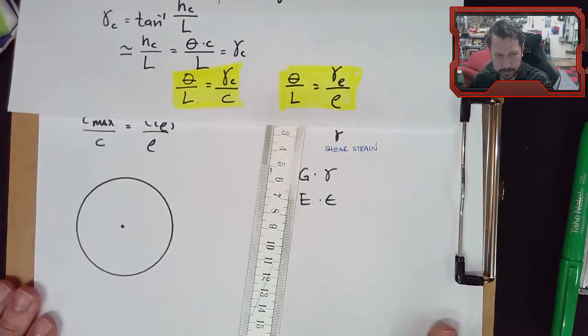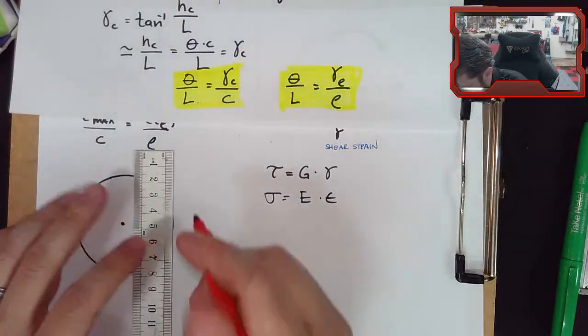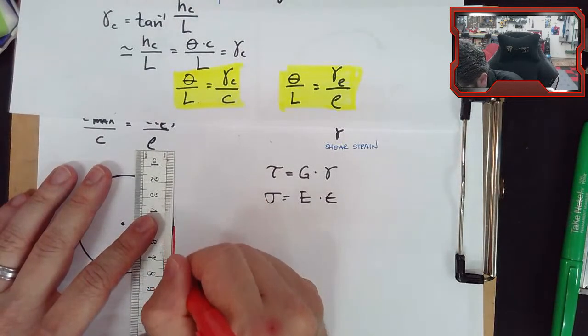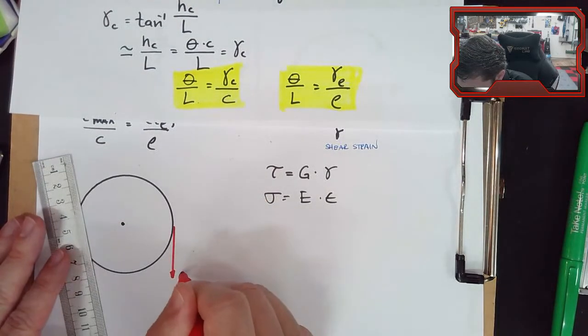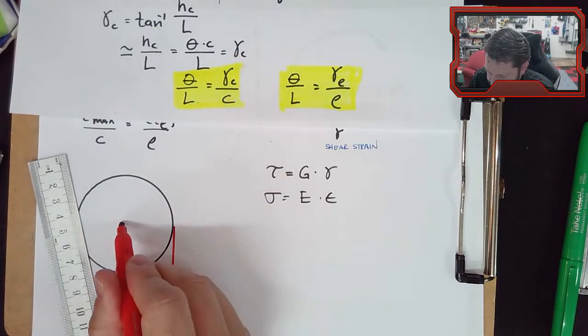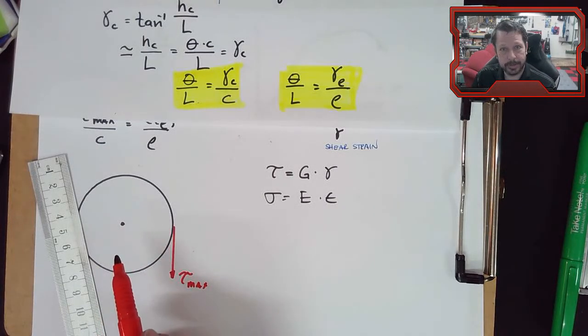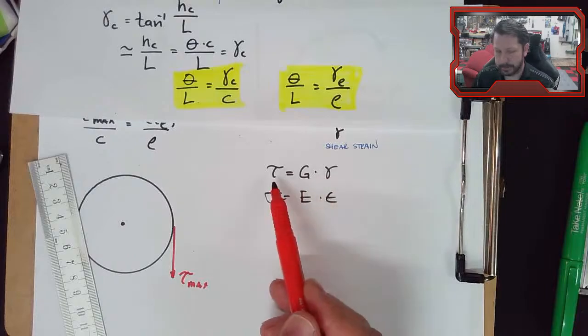There we go. That's at the surface. I'm going to draw one point on here with the surface. Maximum stress is out there. I also know that there's 0 stress at the center, because there was 0 strain. So if there's 0 strain, then there's 0 stress.